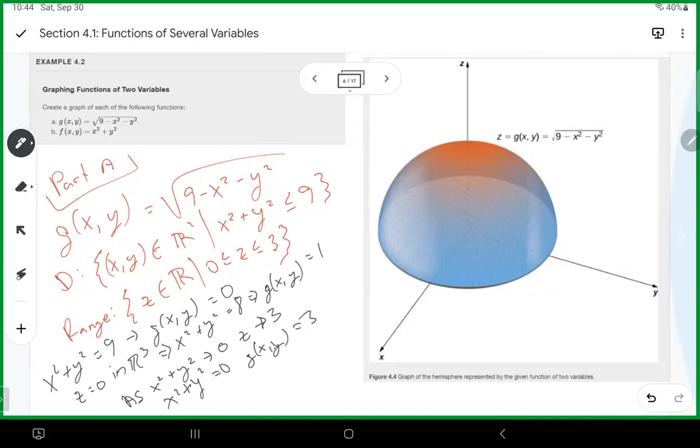All right, then you pretty much know that if x squared plus y squared falls between 0 and 9, then g of xy will fall between 0 and 3.